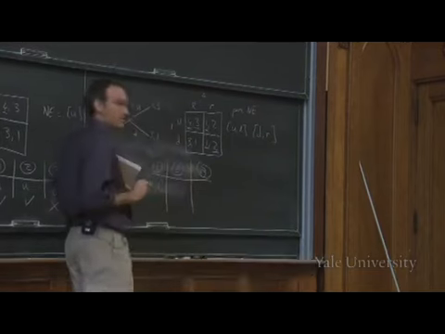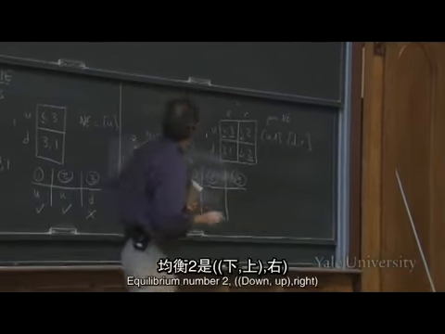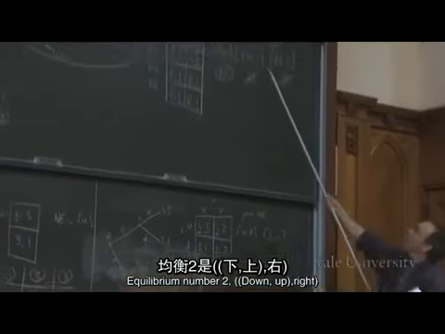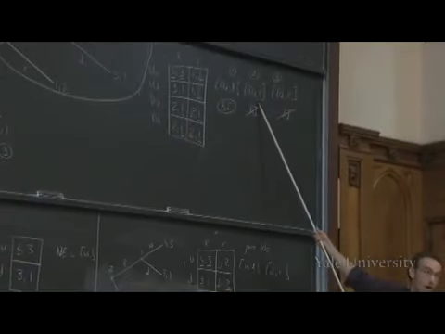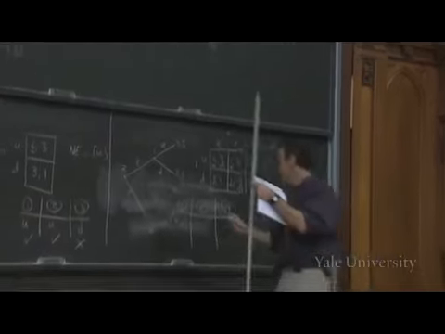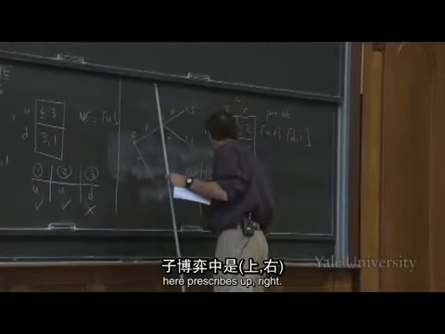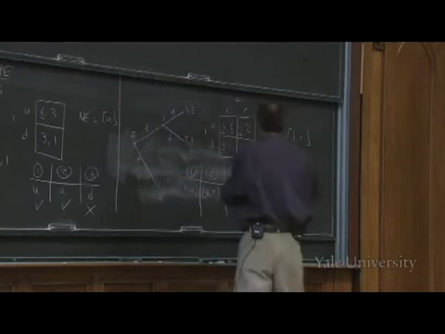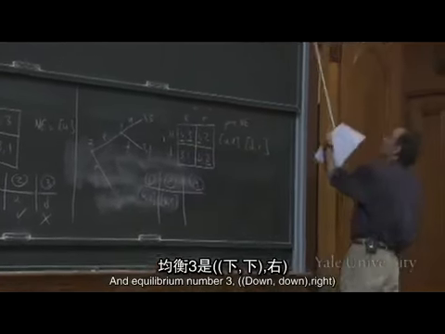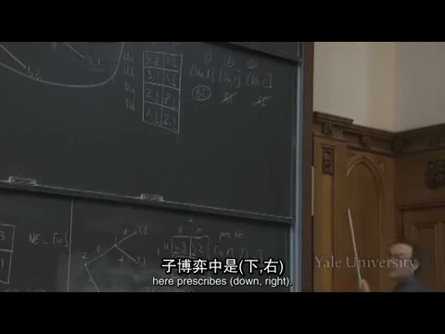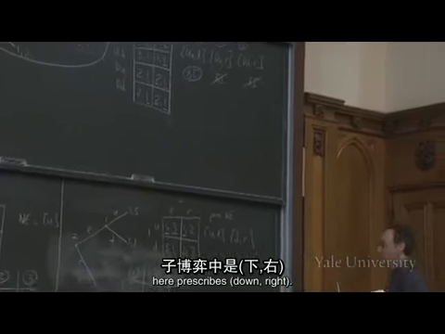Equilibrium number 2, down, up, right, here prescribes up, right. And equilibrium number 3, down, right, here prescribes down, right.